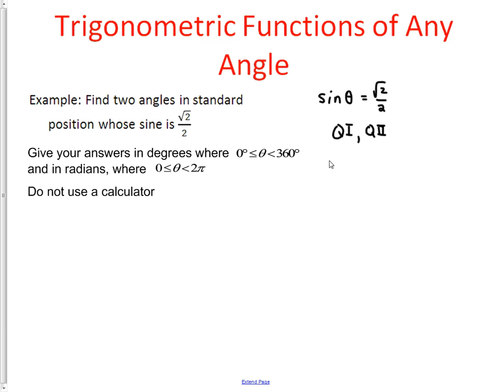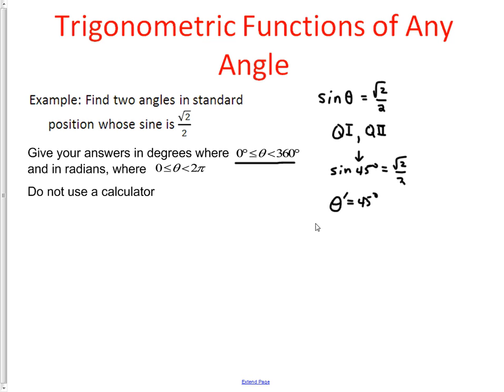So let's proceed. If we are dealing with degrees, what do we know? Well, I know that based on my special right triangles that the sine of 45 degrees does indeed give me square root of 2 over 2. So I'm going to make my reference angle, theta prime, equal to 45 degrees.